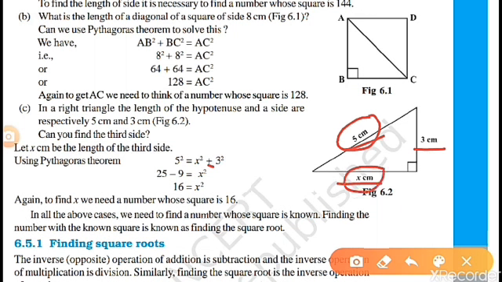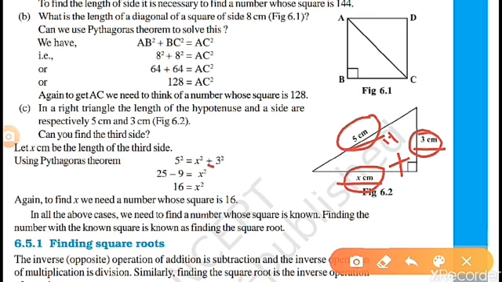So 25 square is equal to x square plus 3 square.